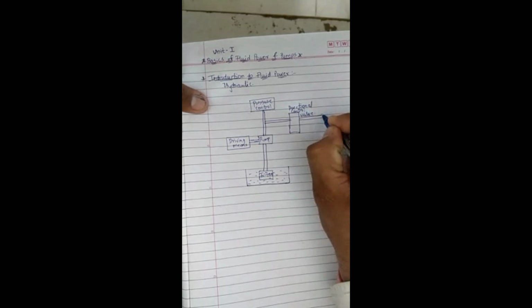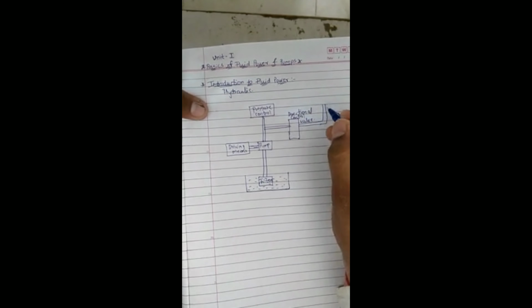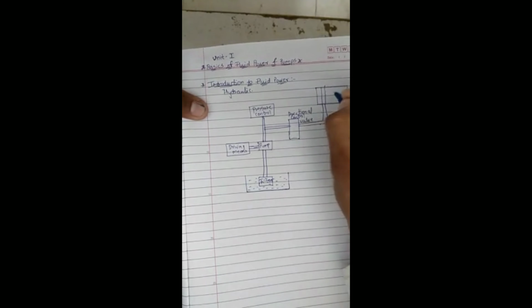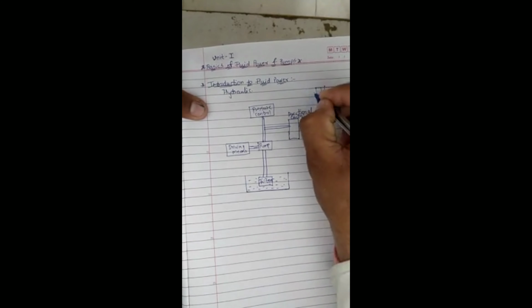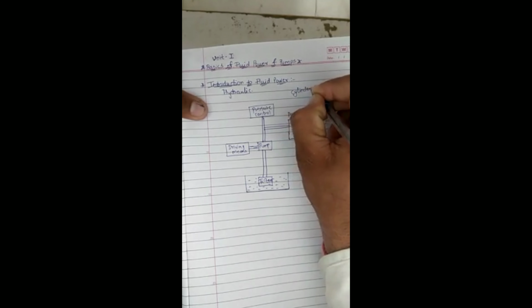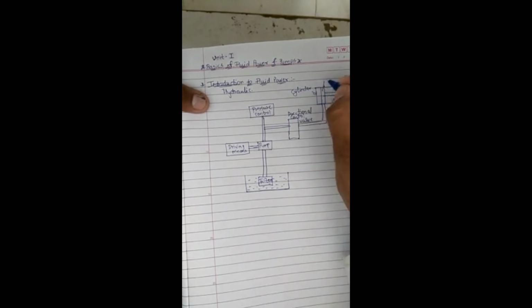Then there is a piston cylinder assembly. This is the cylinder. Then this is a piston. This is a piston rod.